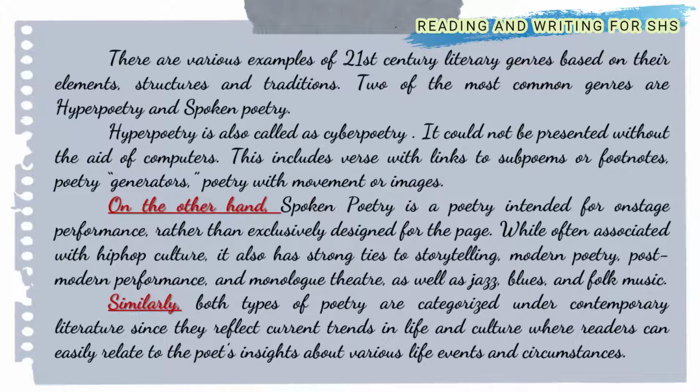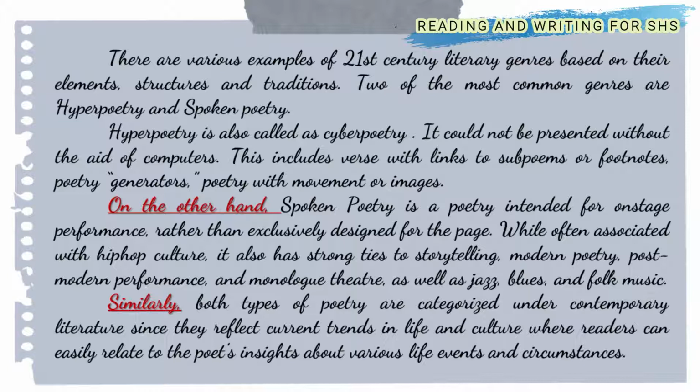On the other hand, spoken poetry is poetry intended for on-stage performance, rather than exclusively designed for the page. While often associated with hip-hop culture, it also has strong ties to storytelling, modern poetry, postmodern performance and monologue theater, as well as jazz, blues, and folk music.